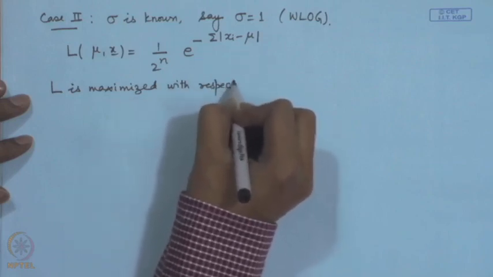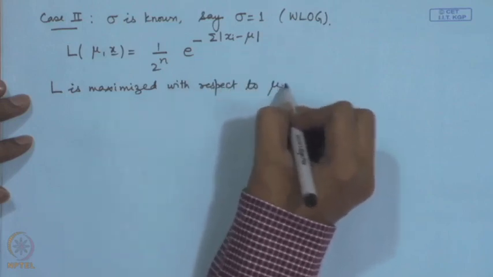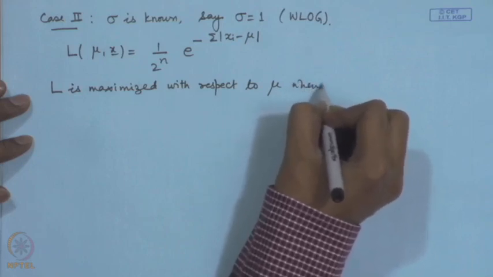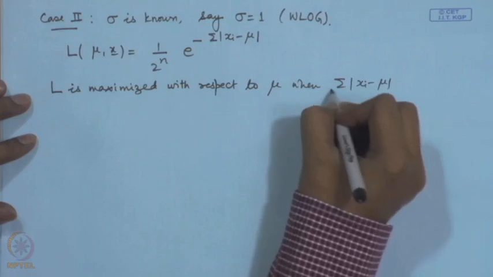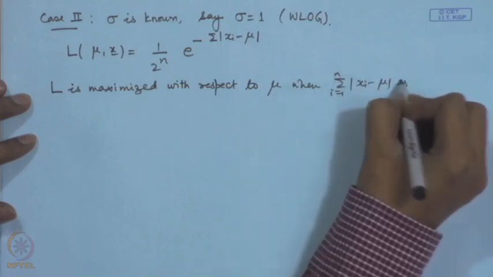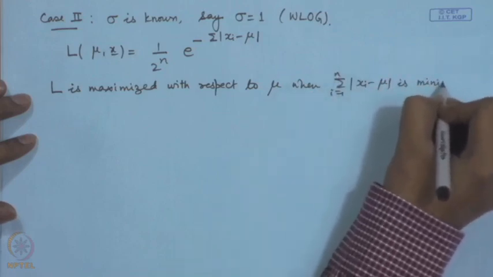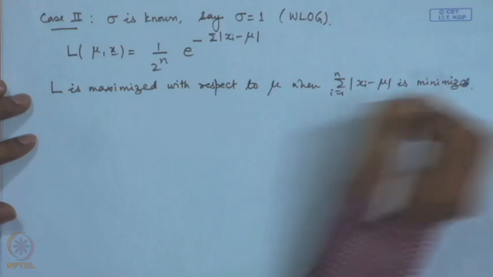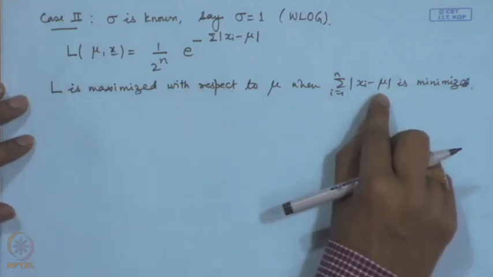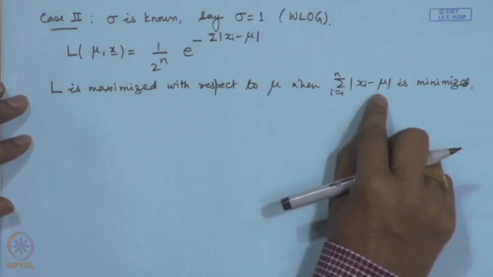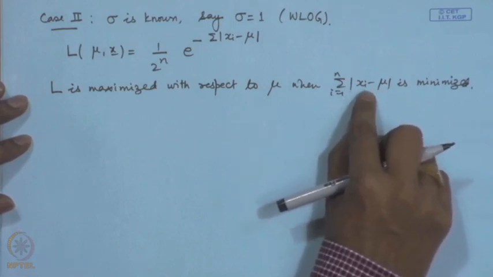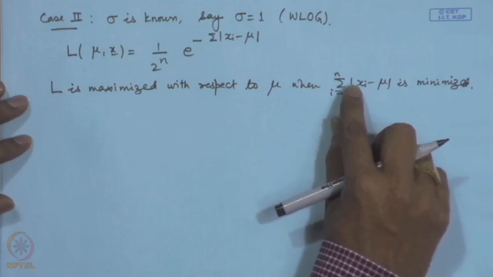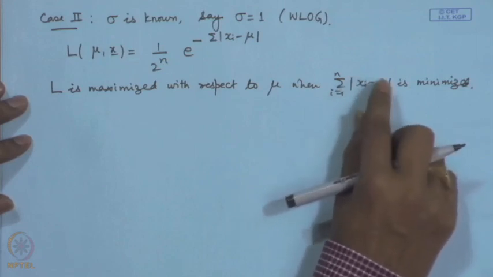L is maximized with respect to mu when sigma of modulus x_i minus mu is minimized. Now, one can show that this is minimized when mu is the median of the observations, because this modulus term is coming.